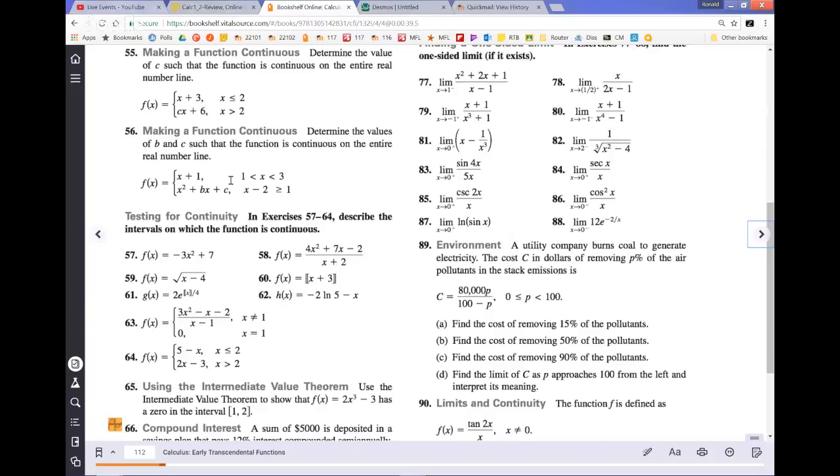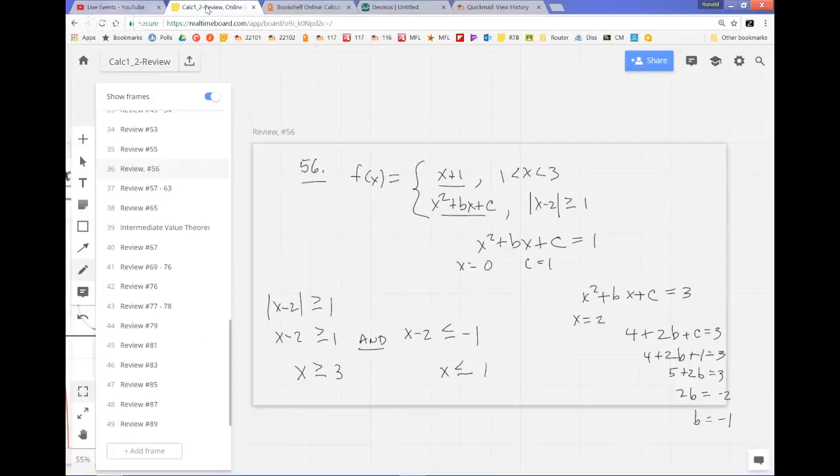And as you can tell from the problem, I started with this lower left-hand section here because they told us, I mean, the top one is what? For x plus 1, that's between 1 and 3. We get that. But then the second one said when the absolute value of x plus 2 is greater than or equal to 1.